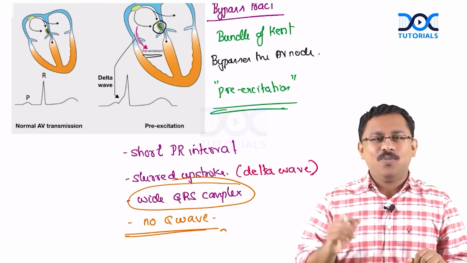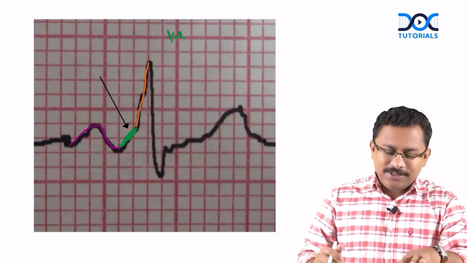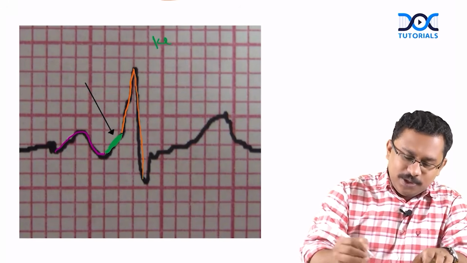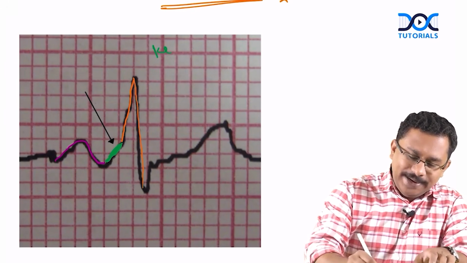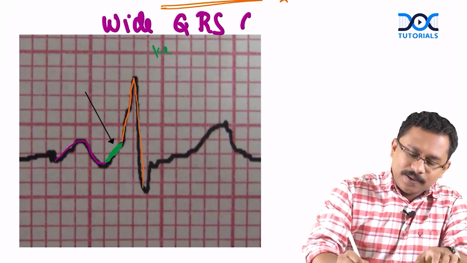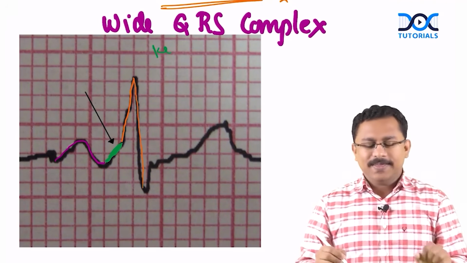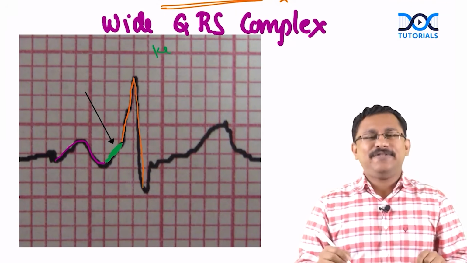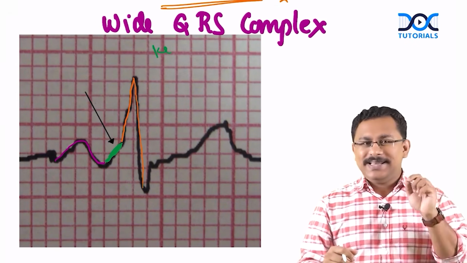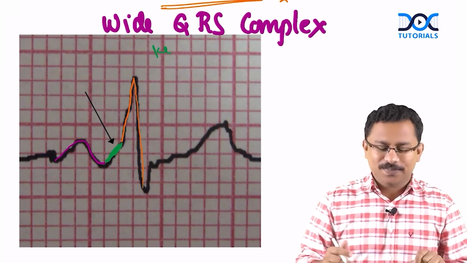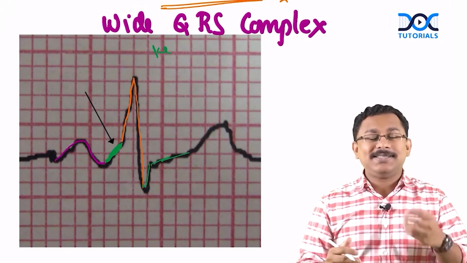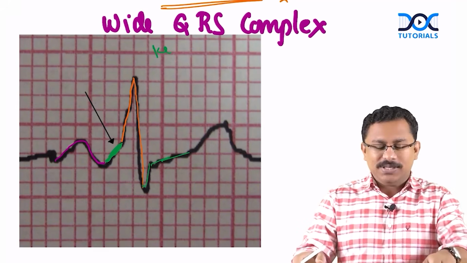So that also is quite obvious here. The QRS complex is wide. So these are the ECG features in case of the first pre-excitation syndrome, that is the WPW syndrome. And this is often actually asked in your exams, WPW syndrome.